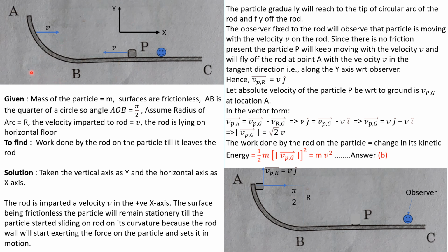So an observer standing on the floor will see that initially the particle is stationary with respect to him, but gradually when the rod reaches the particle and its curvature part starts touching it, it will start imparting a force on it and will set this particle in motion.